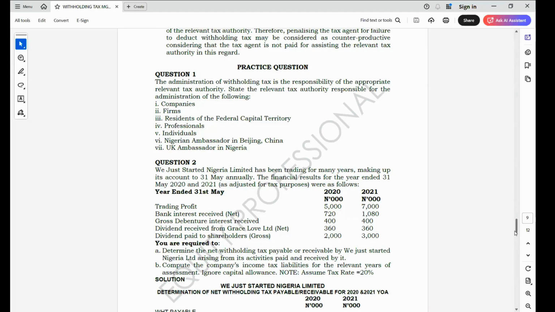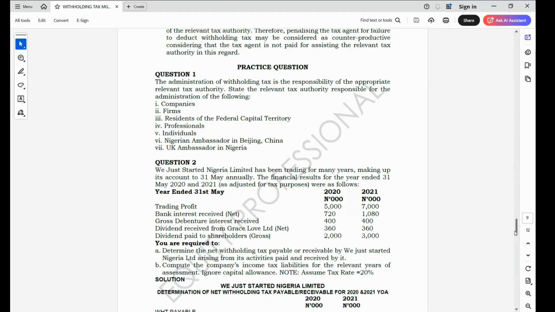Yes. So we are starting with question number 1, and we are going to answer it by ourselves. I expect you to give me the answer as we get to the question. The question goes thus: the administration of withholding tax is the responsibility of the appropriate relevant tax authority.